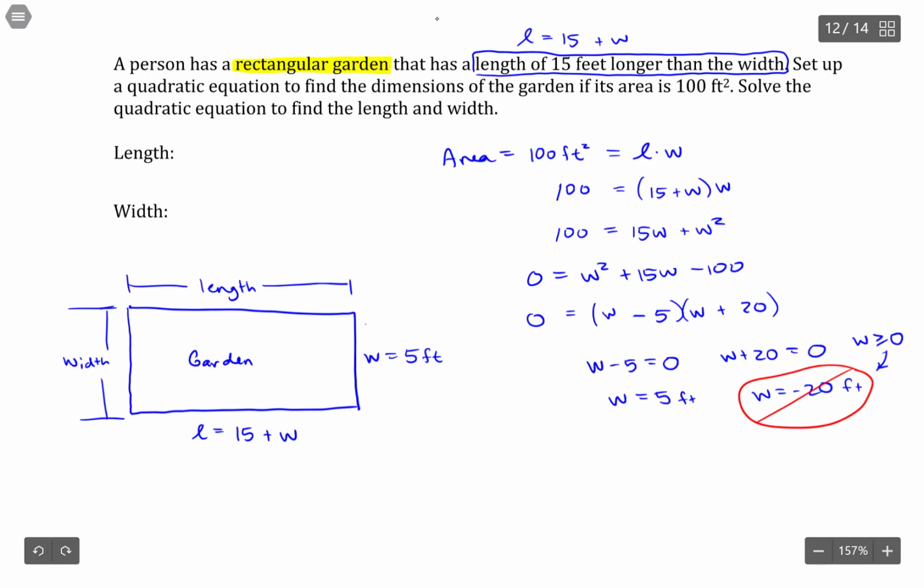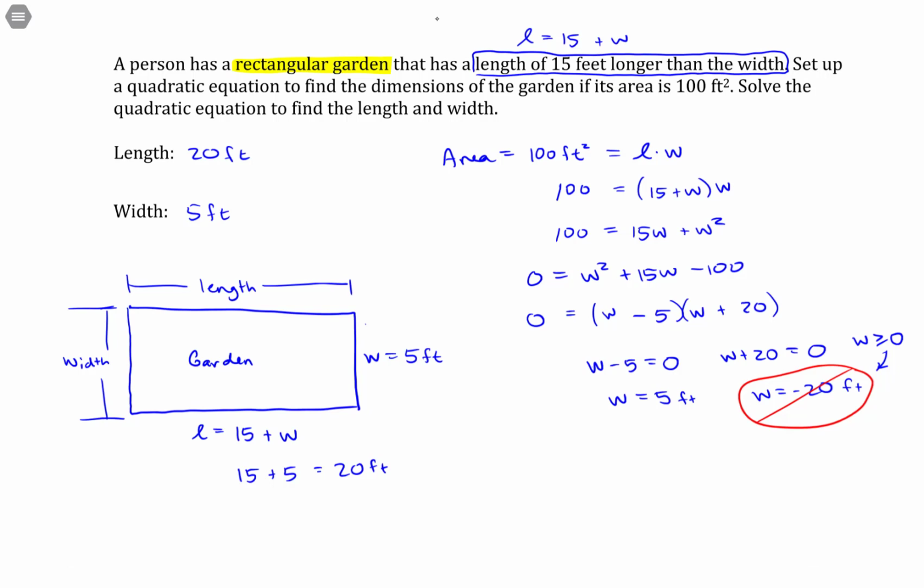So if the width is 5 feet, then we can find the length because the length is 15 plus W. So 15 plus 5 gives me 20 feet. And that's the length. And just as a check, I now have a garden whose area is 100 square feet, and certainly the length is 15 feet more than the width.